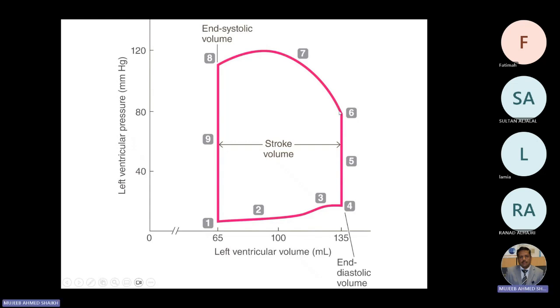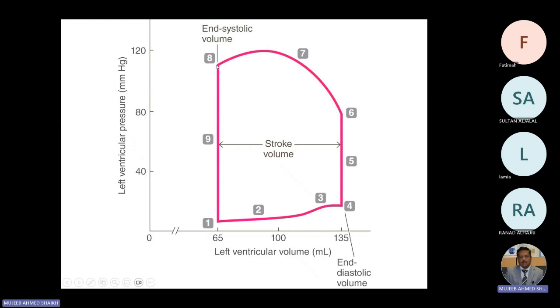If the blood goes out of the ventricle, volume will change from 135 to 65. This is the volume ejected. At this point, once the whole of the ventricular blood which is supposed to go out is ejected, the aortic valve will close, and the mitral valve is also closed.